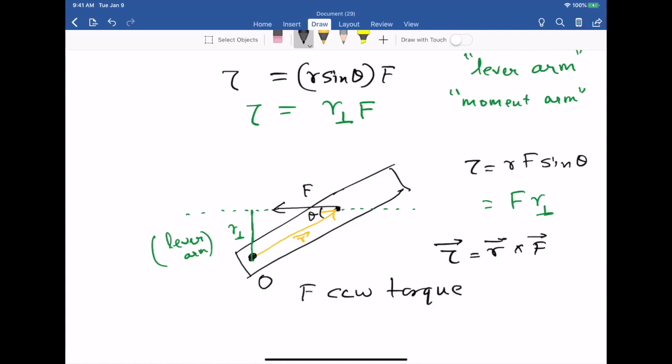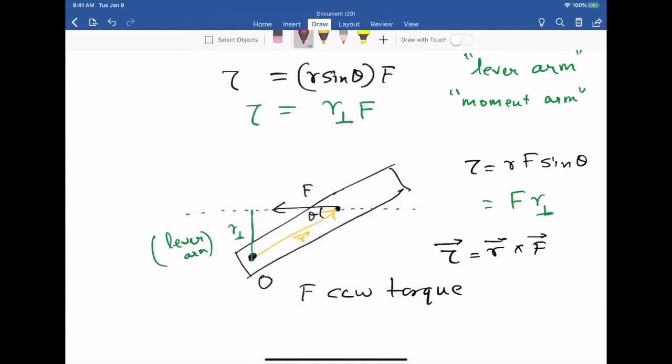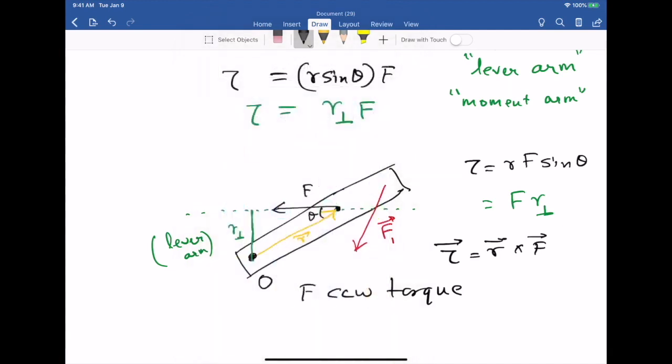Okay, let's say that I have another force which is acting somewhere over here. Suppose I have another force, F1, which is acting over here. Is it exerting a clockwise or a counterclockwise torque? Let's think about that. I forgot to put the vector arrow here.